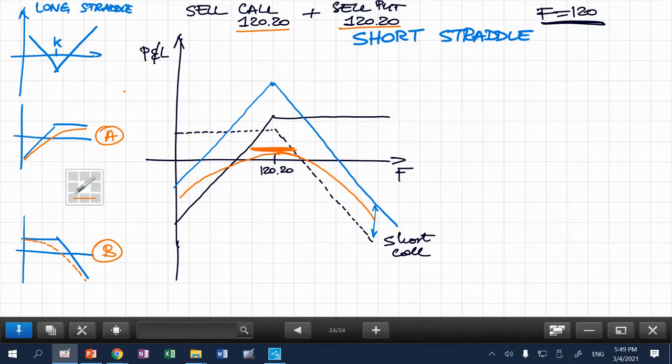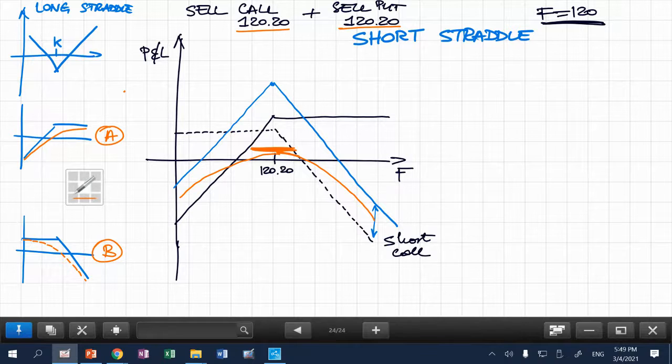If the future traded 120.20, they would both be at the money, okay? So you would have a 0.5 delta on one, a minus 0.5 delta on the other one. You are taking 0.5 times minus 1 for the call, minus 0.5 times minus 1 for the put, and the sum is 0. Have I been clear?